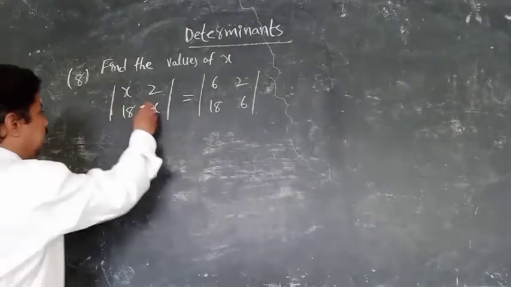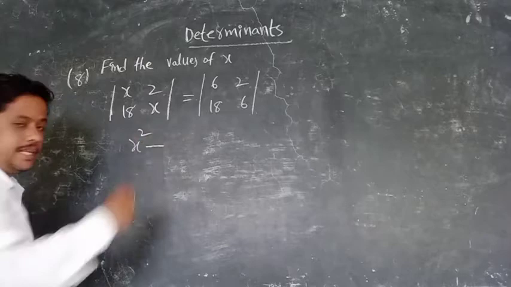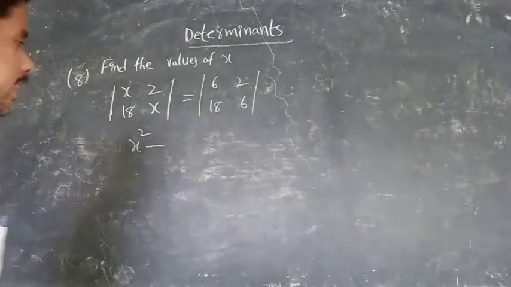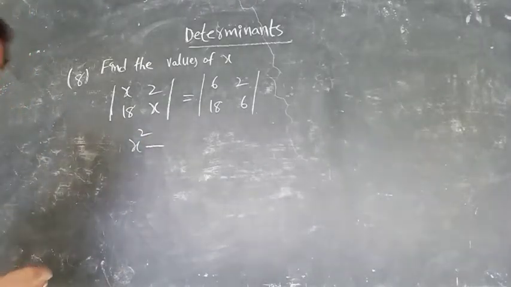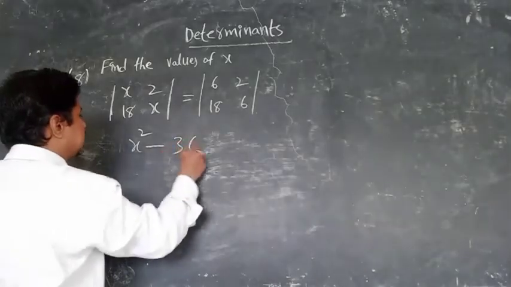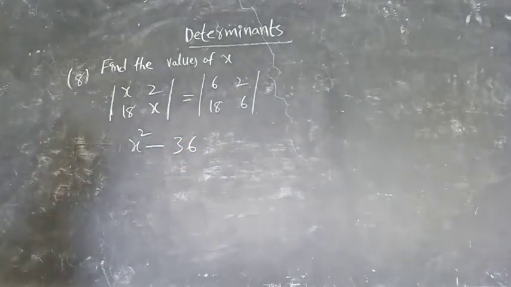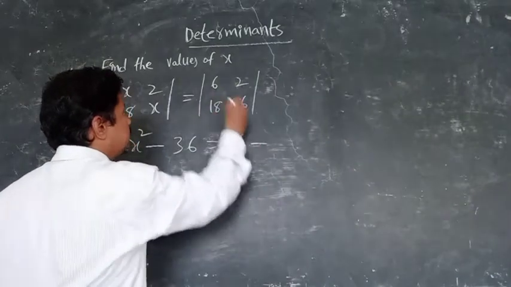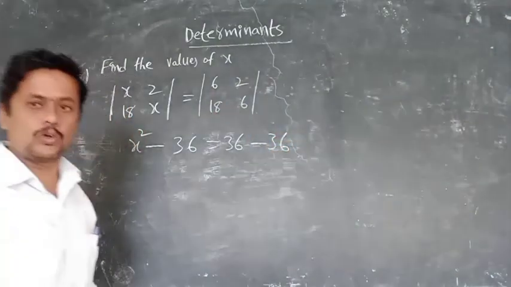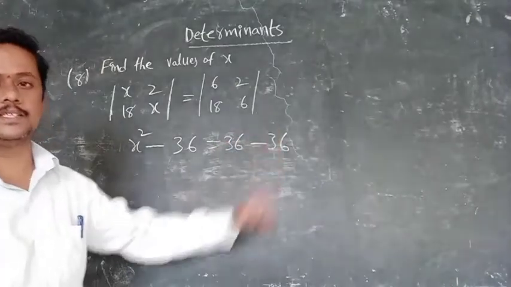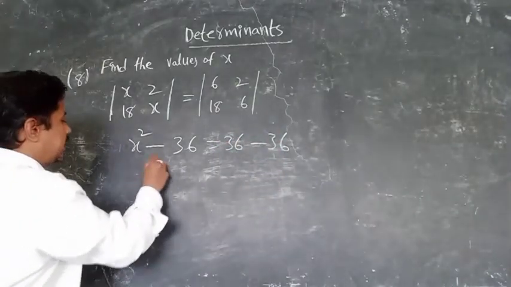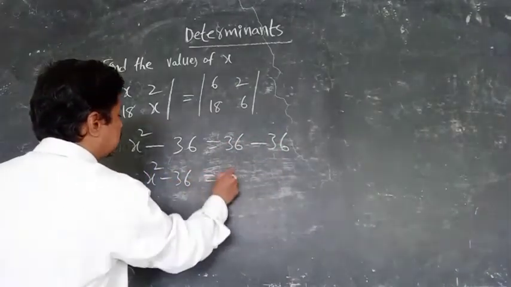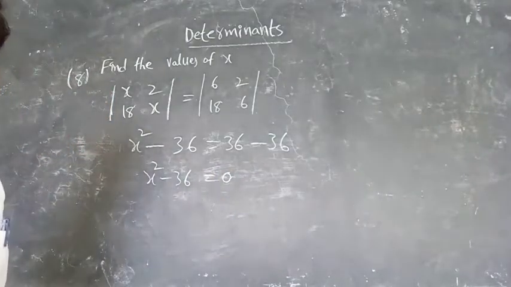X into x is x square, minus 18 into 2 is 36, is equal to 6 sixes are 36, minus 18 twos are 36. 36 cancels, so x square minus 36 is equal to 0.